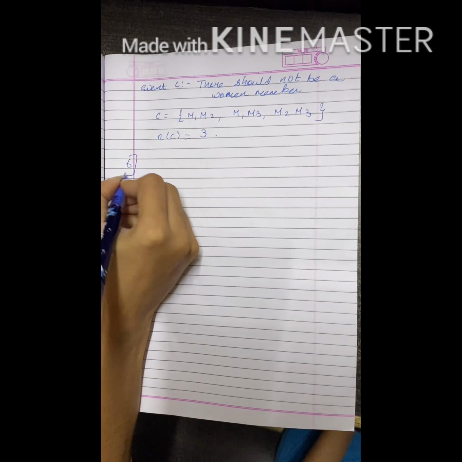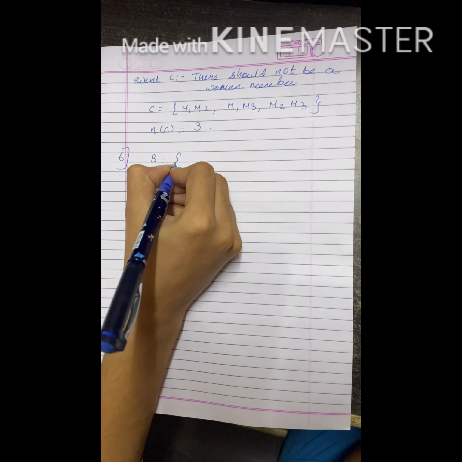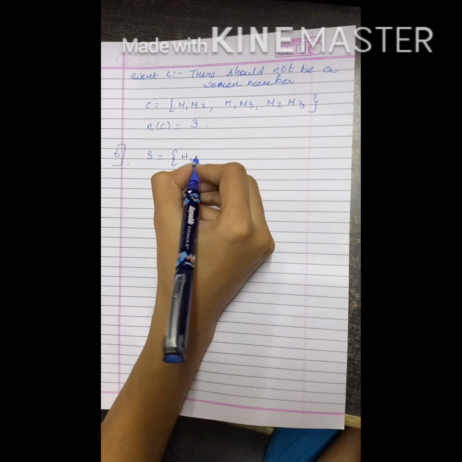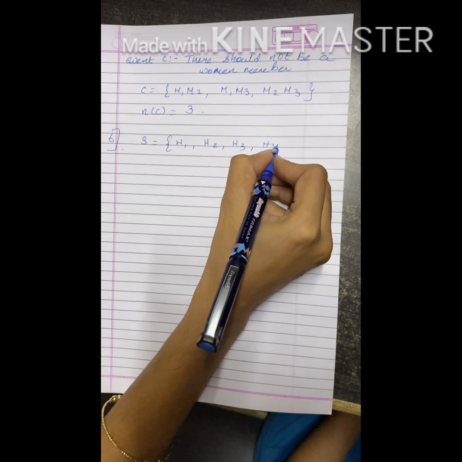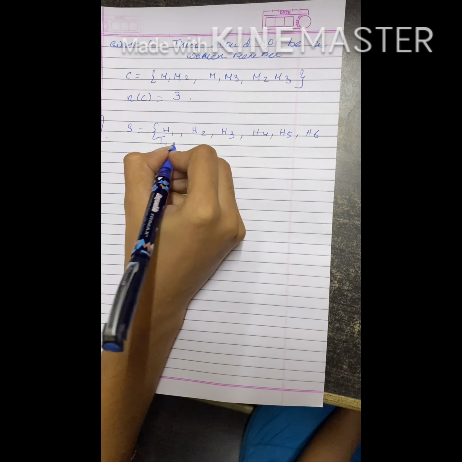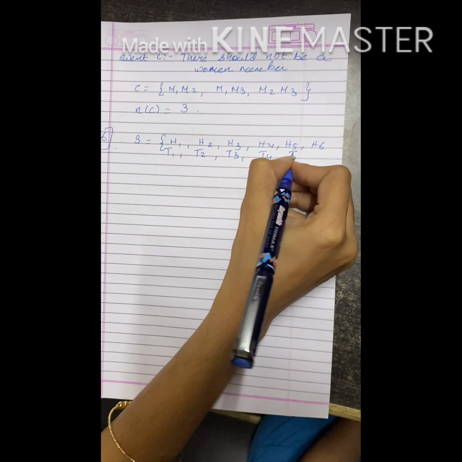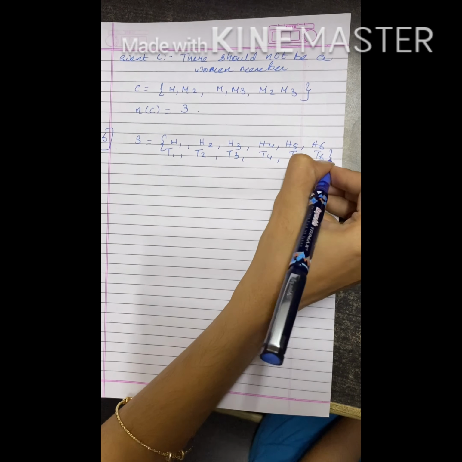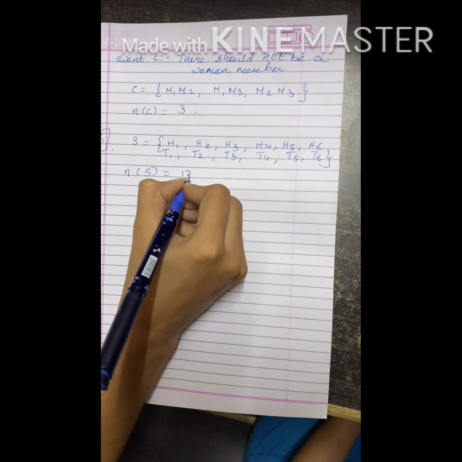Now next sum 6. One coin and one die is thrown. S is equal to 1 coin and 1 die, means H1, H2, H3, H4, H5, H6. Similarly T1, T2, T3, T4, T5, T6. N of S is equal to 6 plus 6, which is 12.